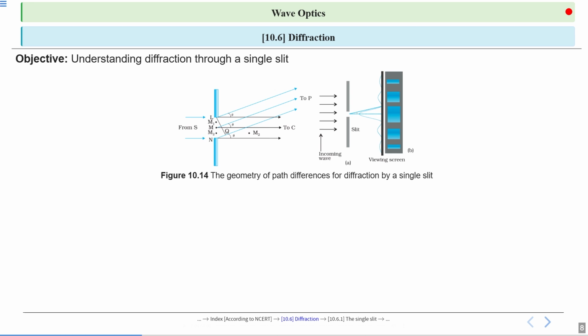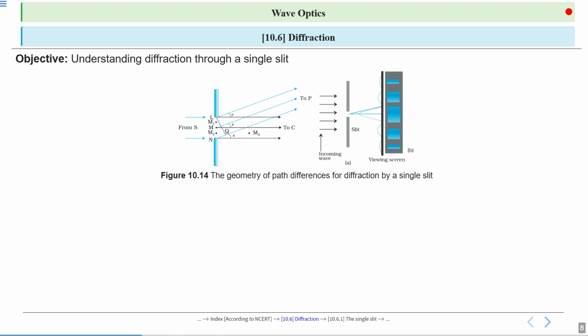Take a look at the image on the slide, which illustrates the geometry of path difference in this scenario. Notice how the light waves spread out after passing through the slit, creating a pattern on the screen. Figure 10.14, the geometry of path difference for diffraction by a single slit. LN is the single slit, and we have divided this single slit into four parts: LM1, M1M, MM2, and M2N.